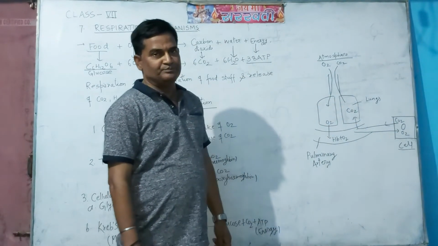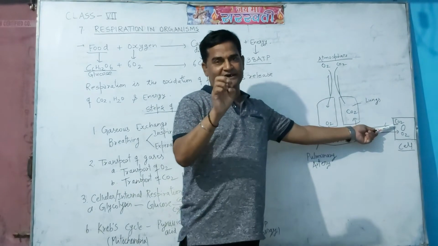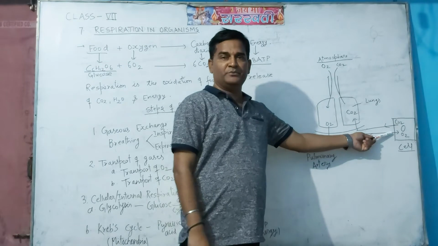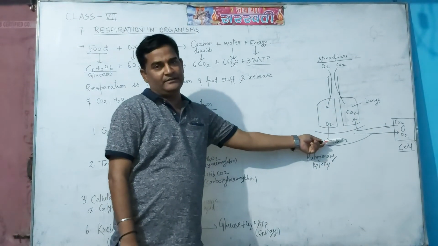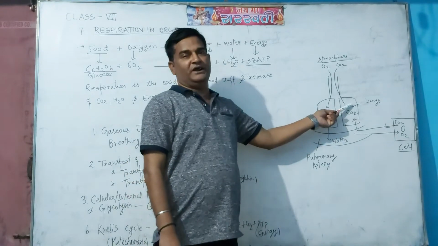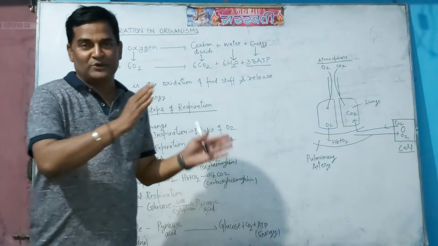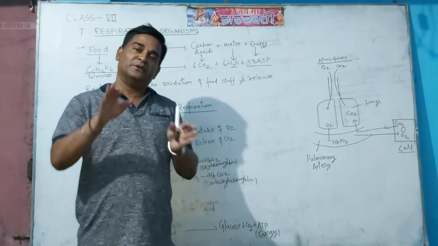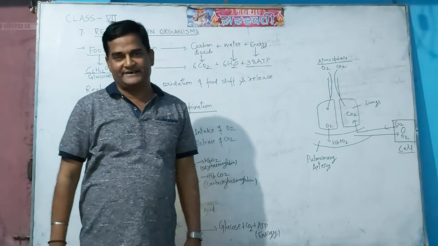Similarly, children, the carbon dioxide which is present in our cells is again trapped by the hemoglobin molecule and comes back to the pulmonary artery or vein and again diffuses to the lungs. So the coming of oxygen from lungs to cells and the returning of carbon dioxide from cells again to lungs is called transport of gases.